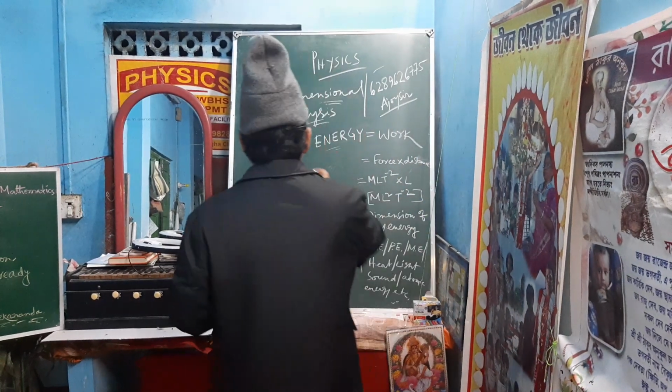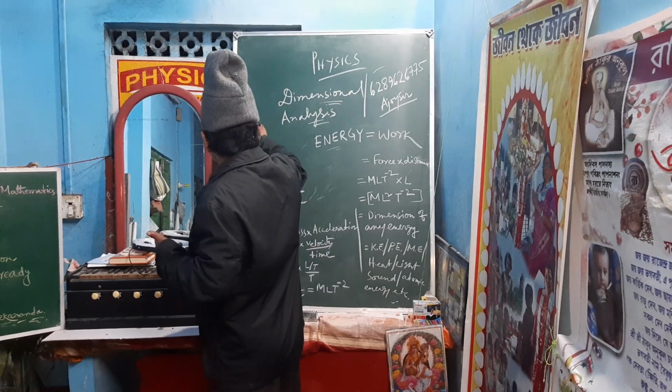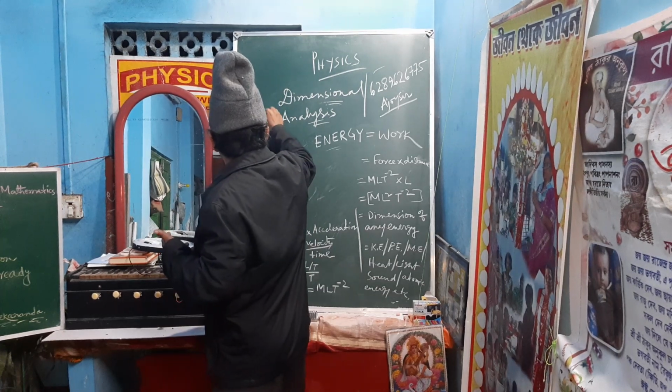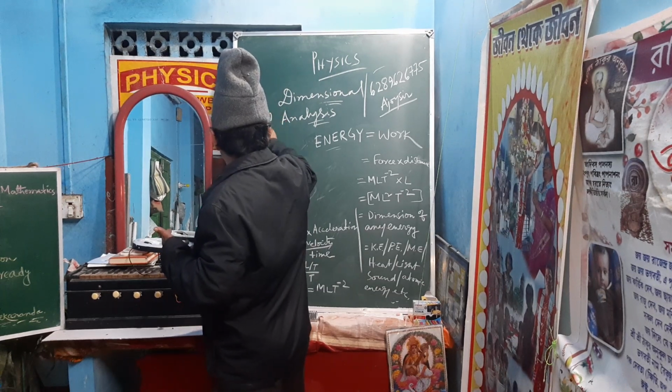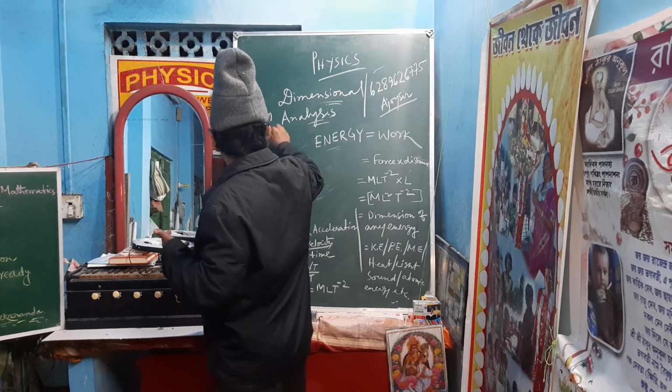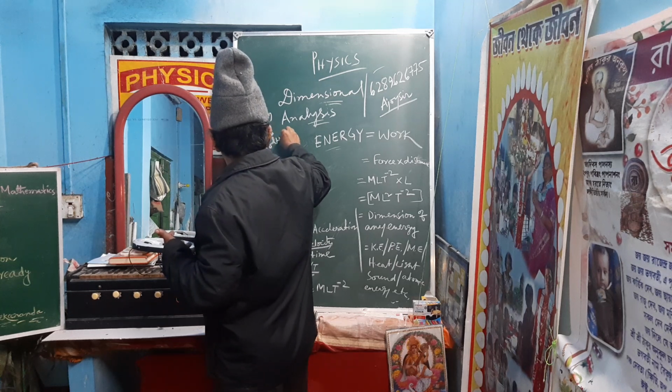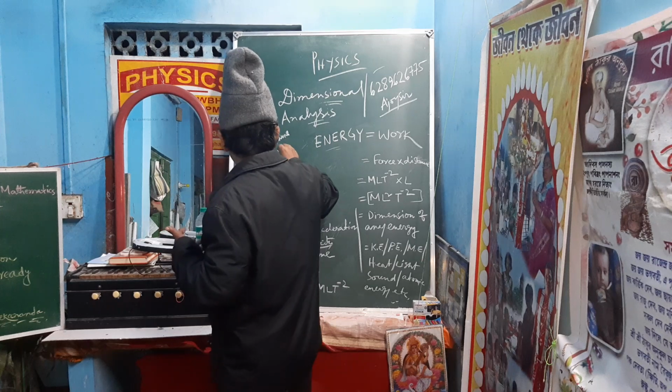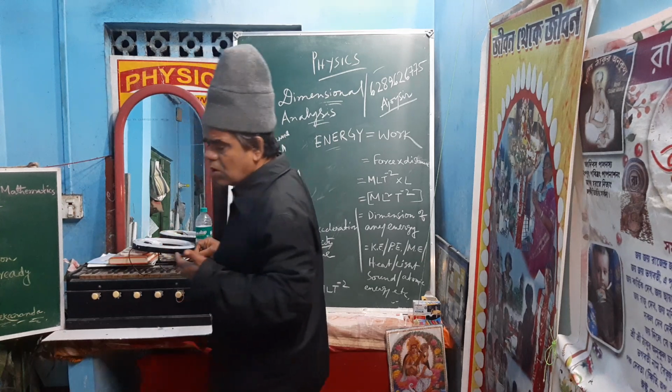Suppose you want to get the dimension of density. You know that density is equal to mass by volume. Mass you know is m, and volume is any object's volume.